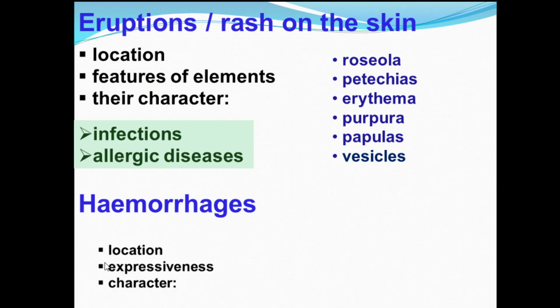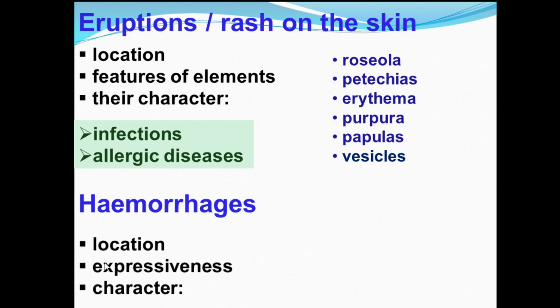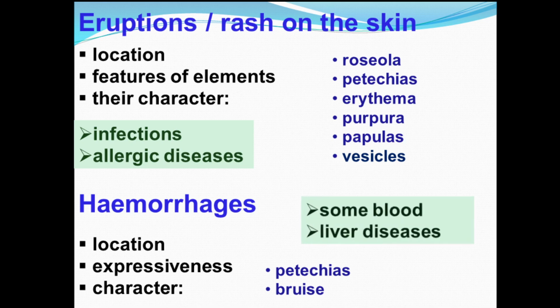Hemorrhages also will be assessed depending on the location, expressiveness, and character. But now I'll draw your attention to two types of hemorrhages, petechiae and bruise, which more often appear in some blood and liver diseases.